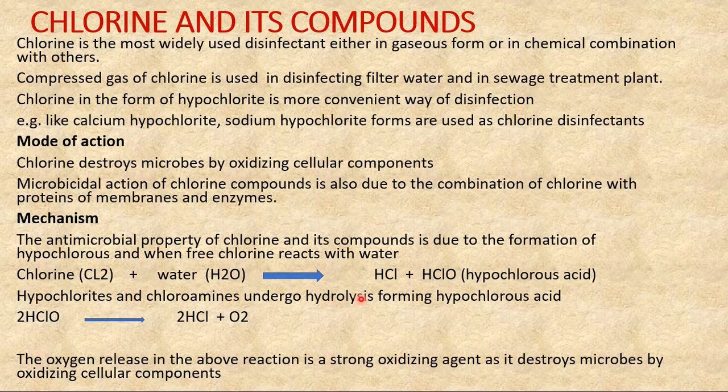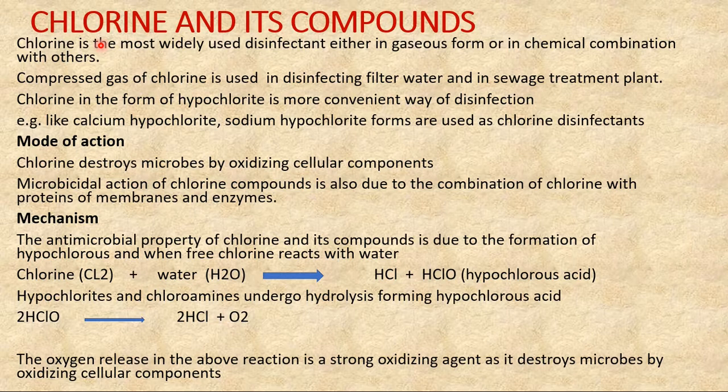Hypochlorous acid is then cleaved into hydrochloric acid and oxygen, and this is the main component oxidizing cellular components. The oxygen released in the above reaction is a strong oxidizing agent as it destroys microbes by oxidizing cellular compounds. This is the mechanism behind the sterilization process using chlorine.